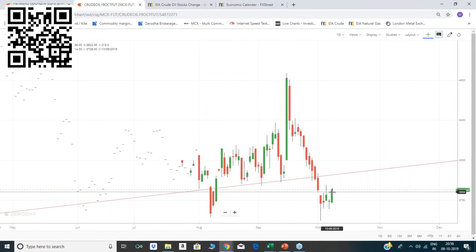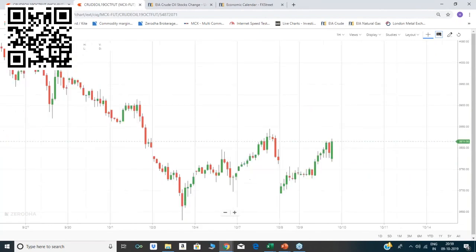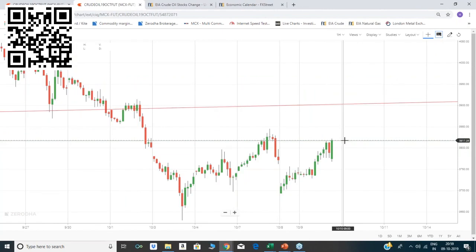So it was in the uptrend. And the inventory data was also not a huge difference between the expected and the actual data. So according to that, we may expect this. It is again at the resistance zone, right? If this resistance is broken, then what would be the next target? This one.